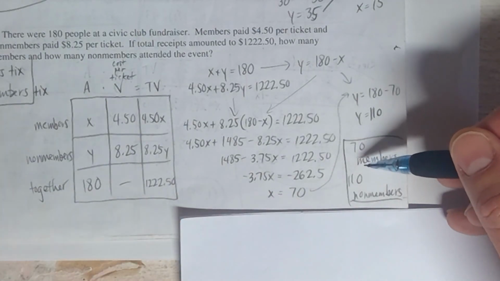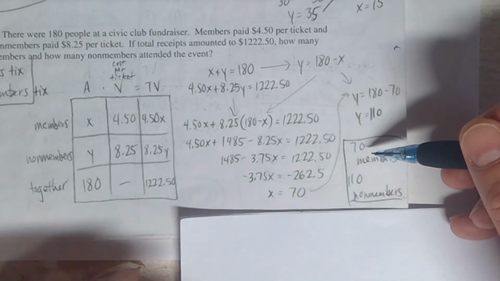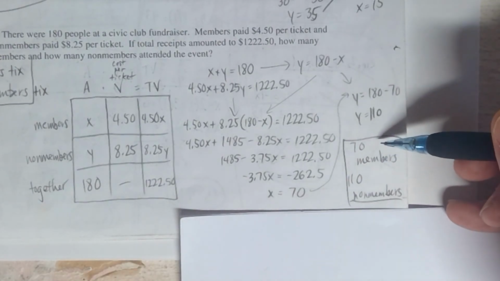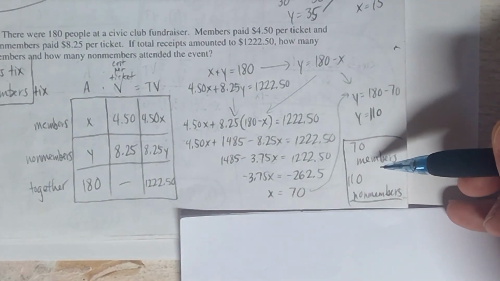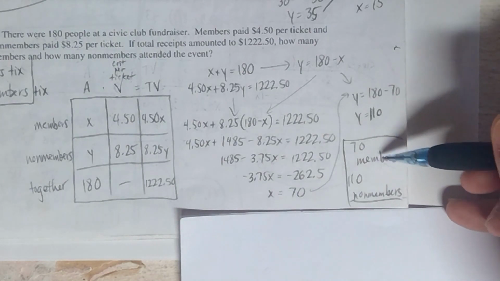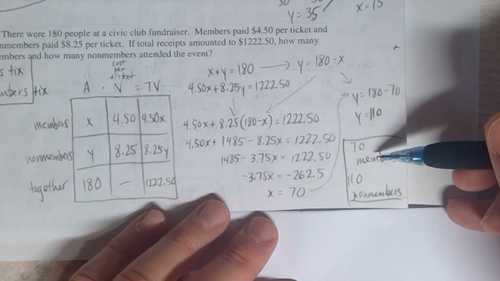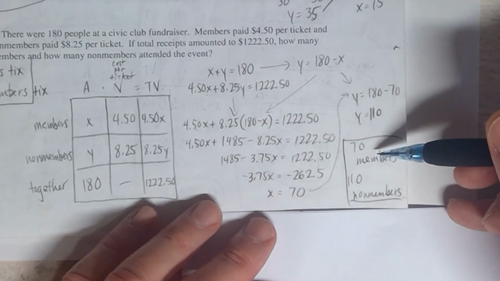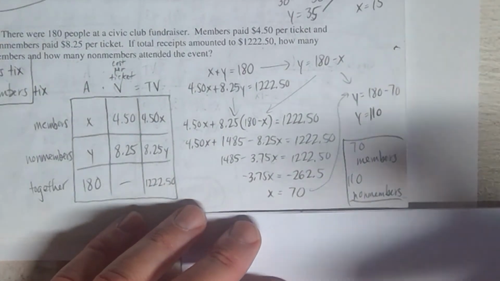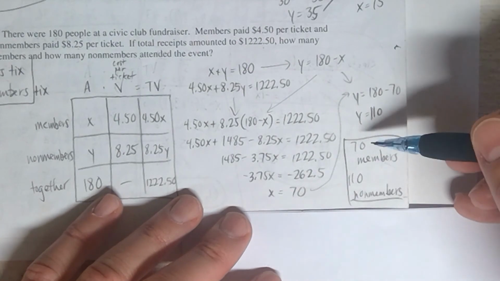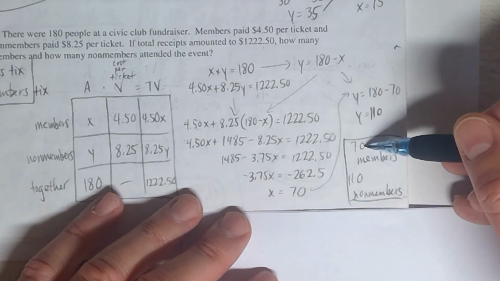Officially 70 and 110 is measured as tickets, but if you say 70 members as opposed to saying 70 tickets for members, that's really the same thing. Like I said, the number of members and the number of tickets is exactly the same thing, and so you don't need to be as specific in this problem as you are in some other problems, because it does mean the same thing.